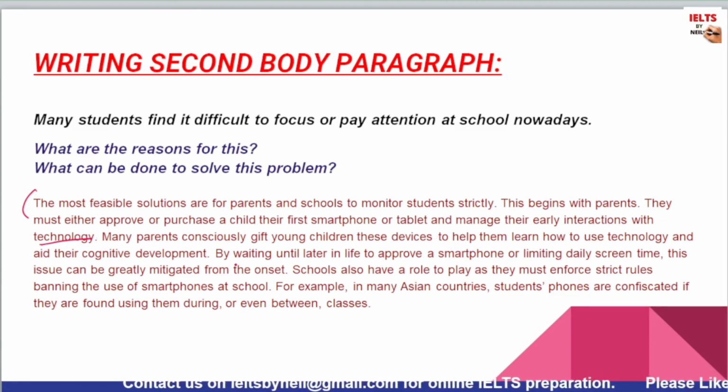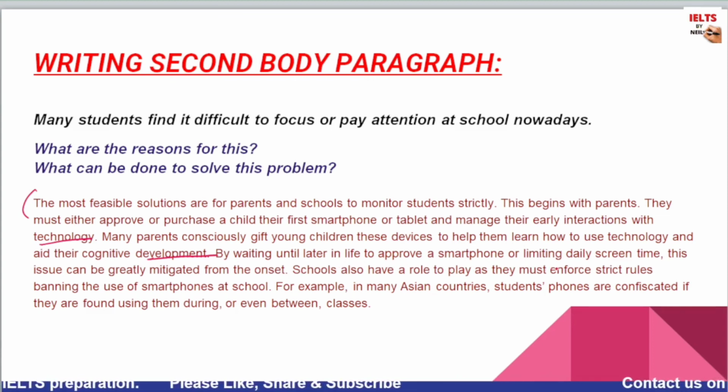Many parents consciously gift young children these devices to help them learn how to use technology and aid their cognitive development. By waiting until later in life to approve a smartphone or limiting daily screen time, this issue can be greatly mitigated from the onset.